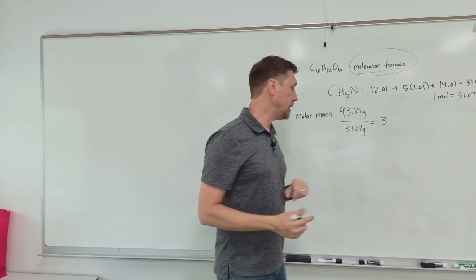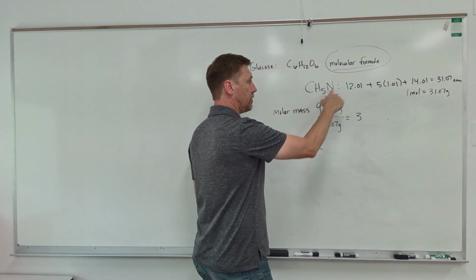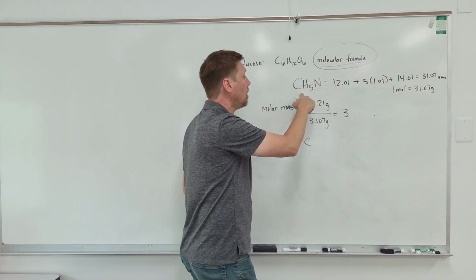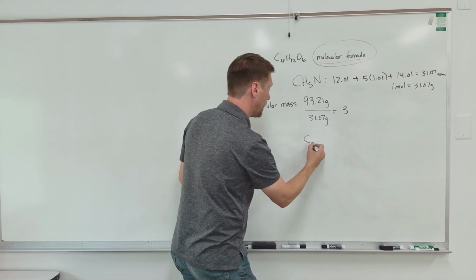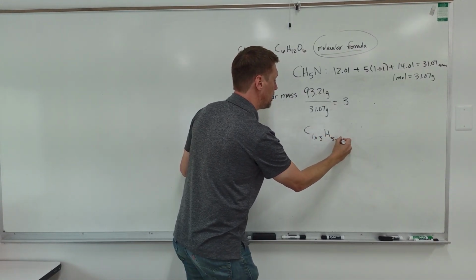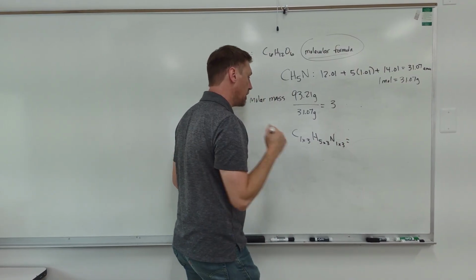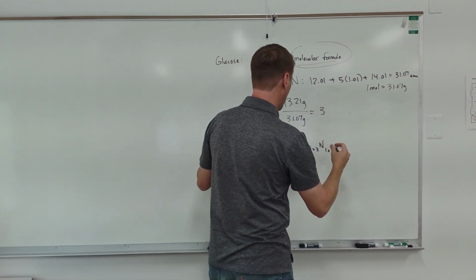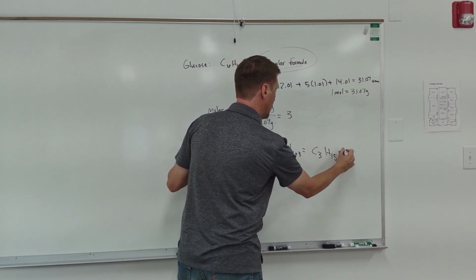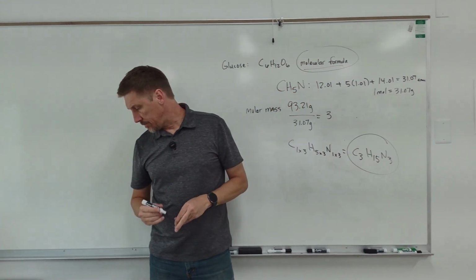What does that mean? It means our molecular formula is going to be the little numbers next to each of these times 3. In other words, we have 3 times more atoms than what this one shows. So C is 1 times 3, H is 5 times 3, and N is 1 times 3. The molecular formula for this substance is C3H15N3, and that would be our final answer.